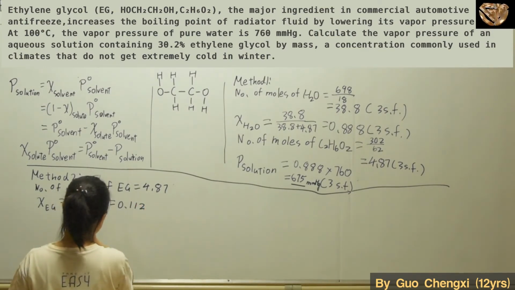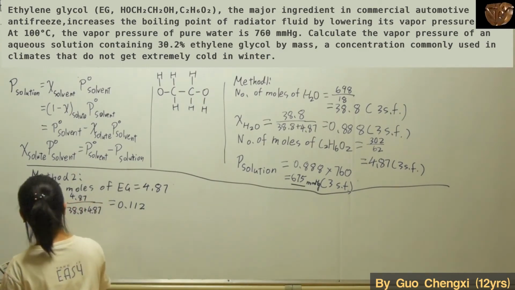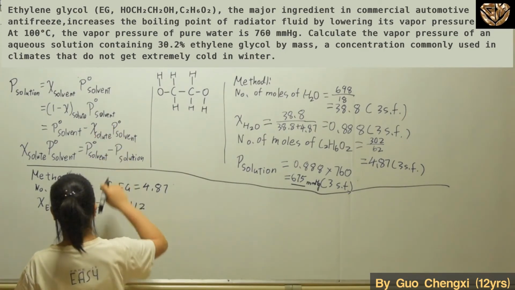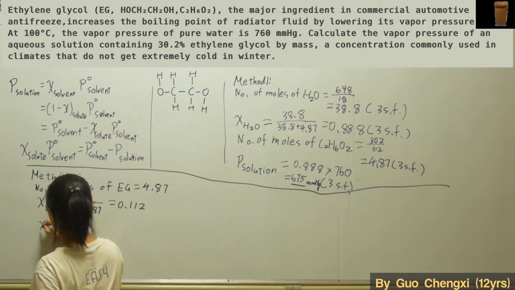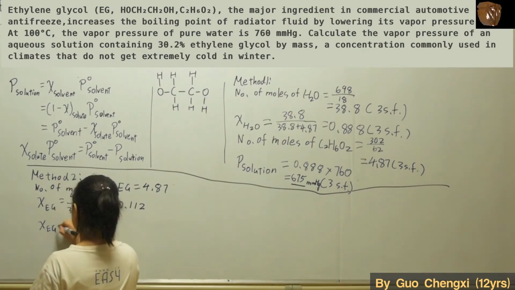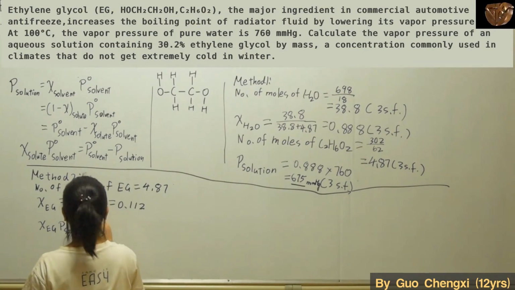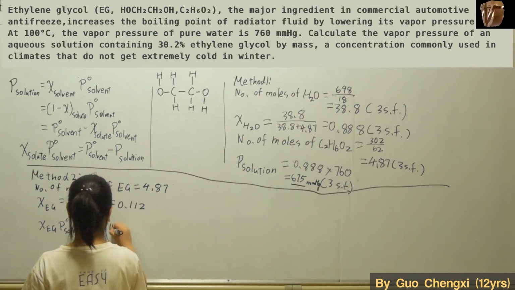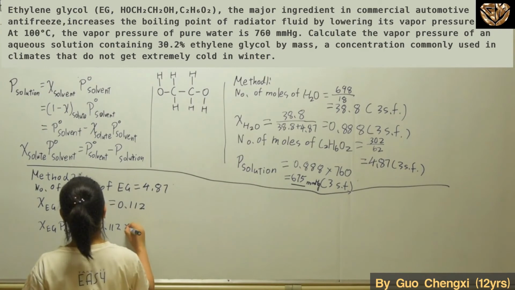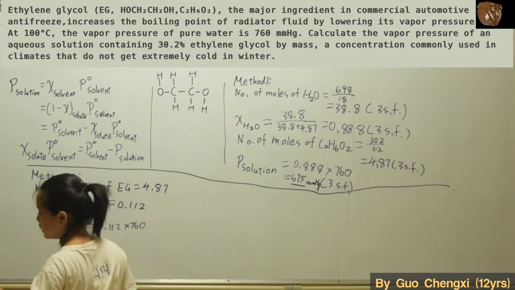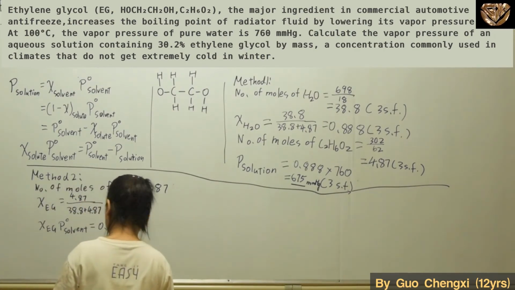Okay, now that you've gotten this, we can move on with the next part of our answer. So we'll have the chi solute, chi EG, times the pressure of the pure solvent. It is equal to 0.112 times 760, because that's the pure solvent vapor.